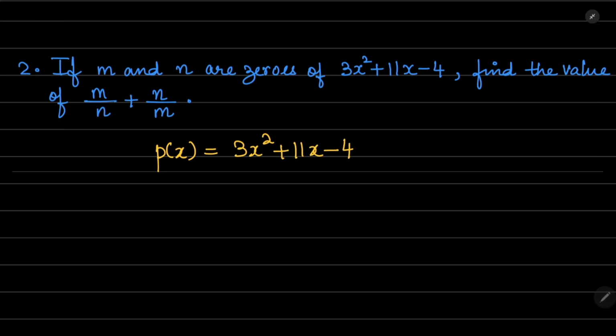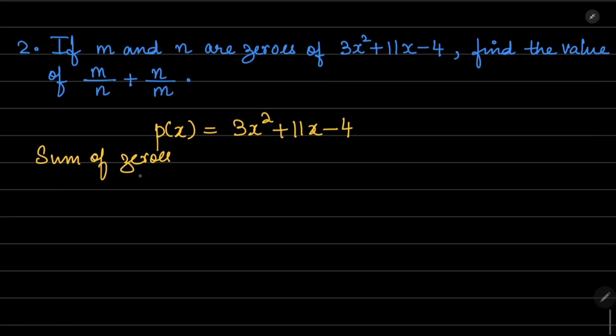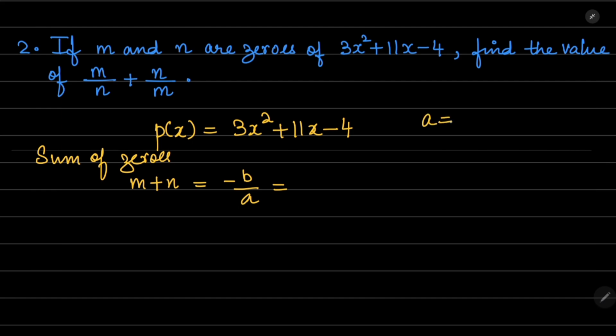So what is the sum of the zeros here? The sum of the zeros is given by m + n, as you are taking m and n as the zeros. So m + n is equal to −b/a. Here a is your 3, the coefficient of x². b is the coefficient of x, which is 11.